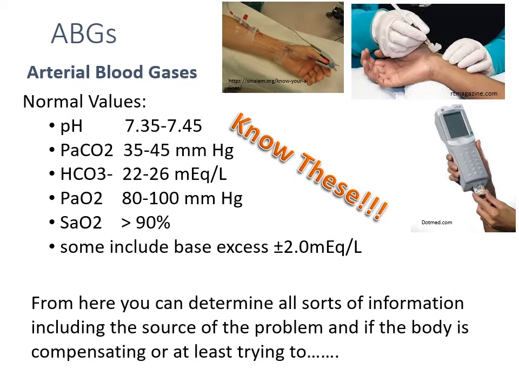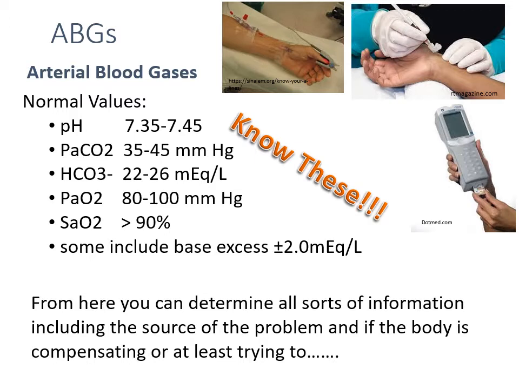Your SaO2 is the same as your O2 saturation, which is that monitor that we put on the end of your finger. You can see in the first picture there. And that's measuring the saturation of hemoglobin with oxygen. So your oxygen saturation. Okay?